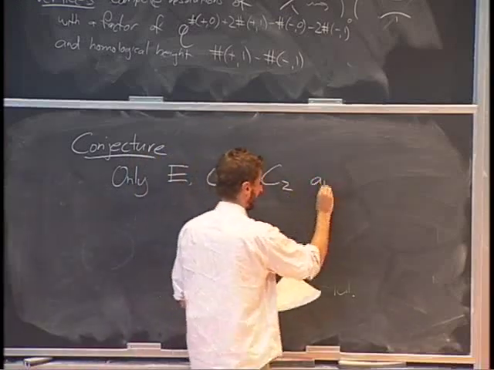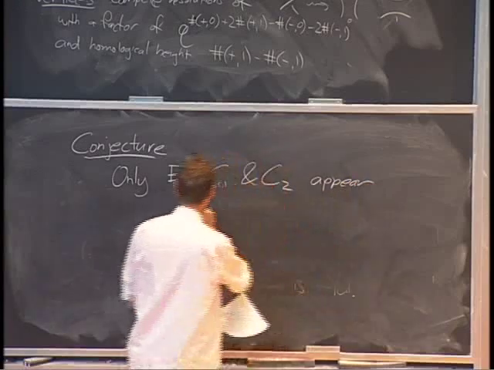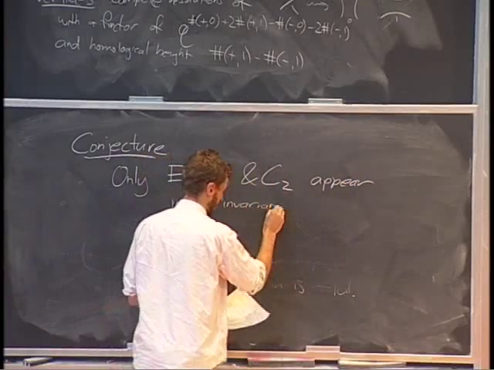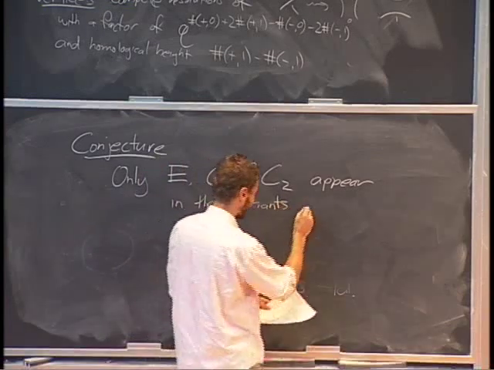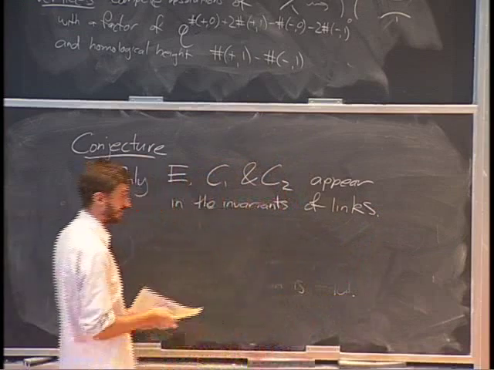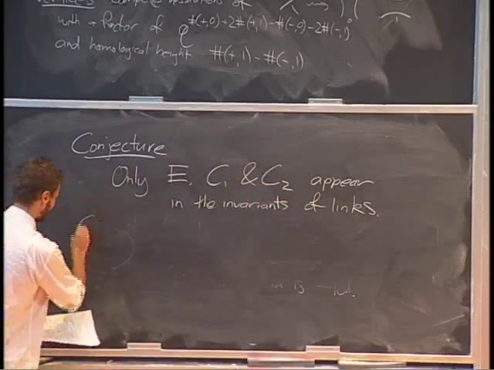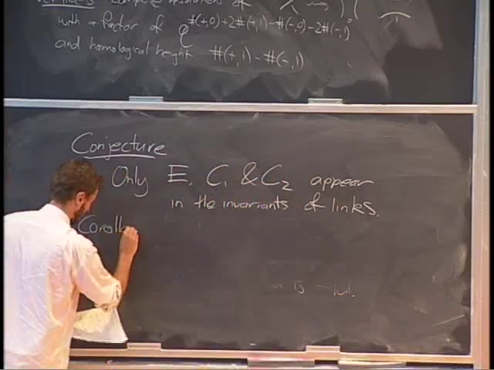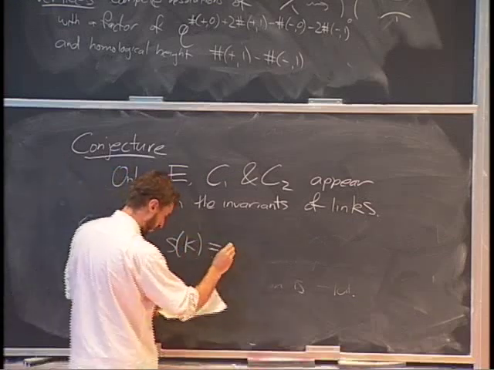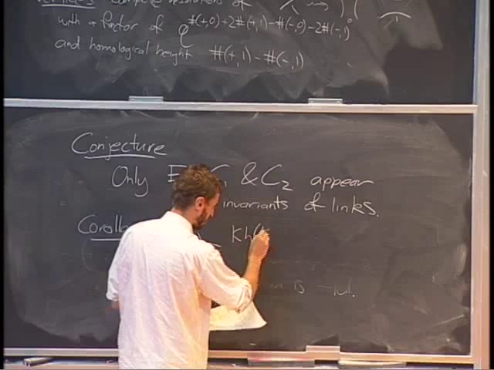And so I'm very excited to hear the details. The conjecture is that you don't see high Cn's, you only see C1 and C2. And the neat little corollary of this conjecture is that the S-invariant of a knot you can just read off right from the two-variable polynomial.